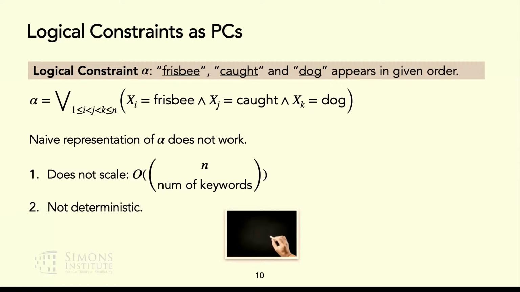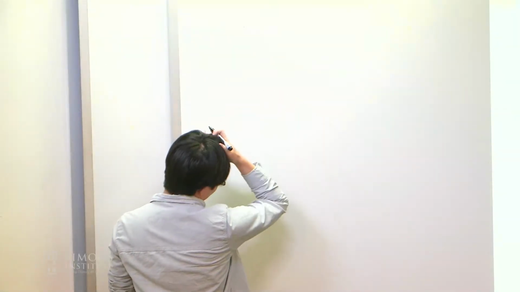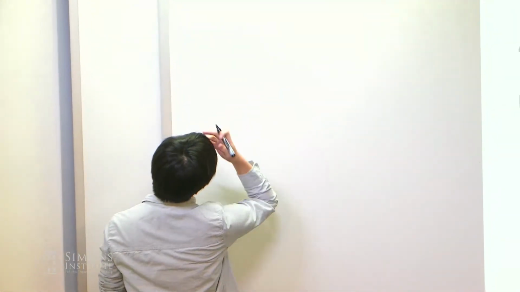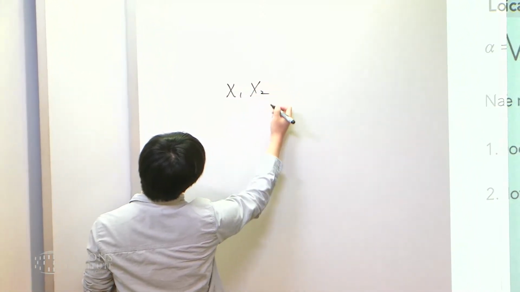So for the first question, why does it need to be deterministic? It is because suppose we have a very simple distribution, x1, x2.